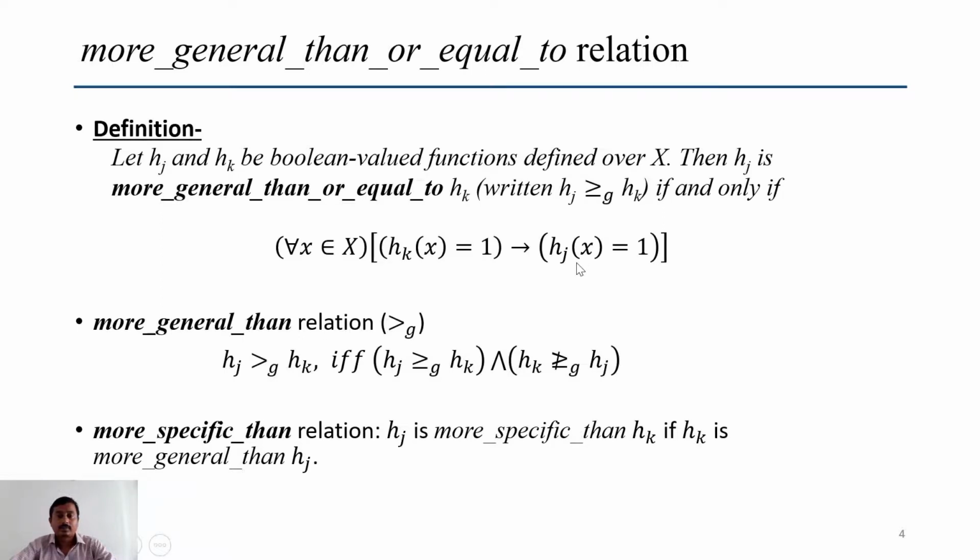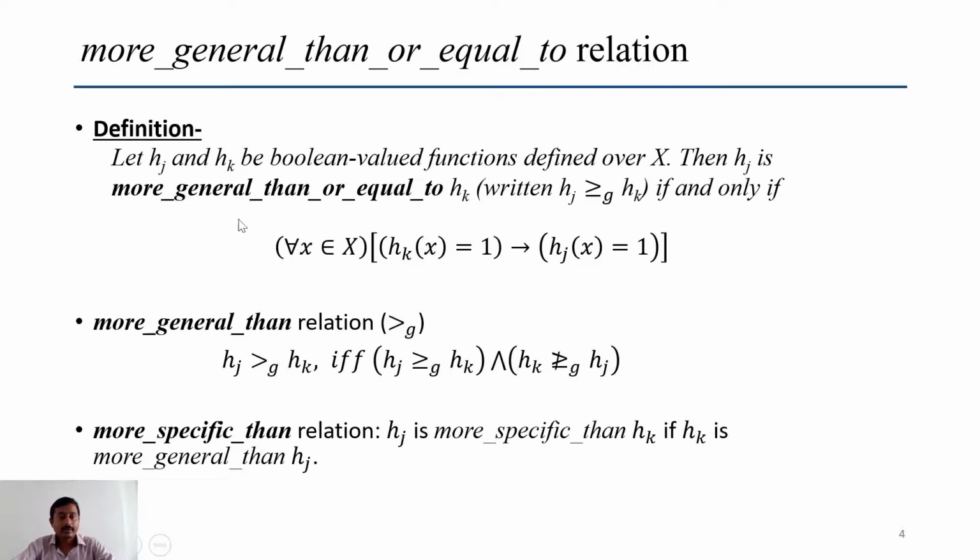Which means that any instance that satisfies hk will also satisfy hj. So in the previous example, the instances which satisfy h1 will also satisfy h2. That's why h2 is more general than or equal to h1.